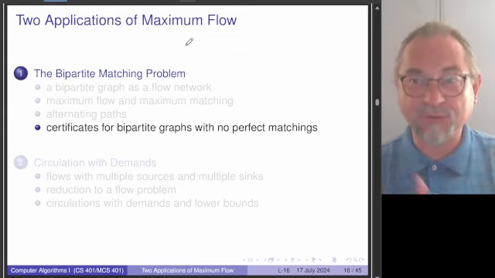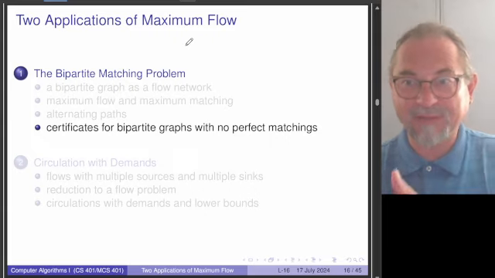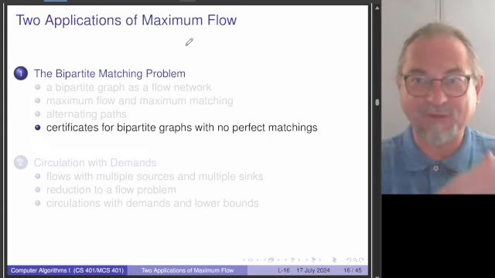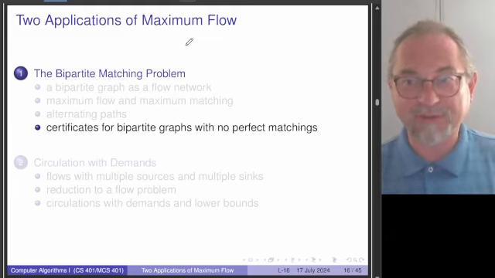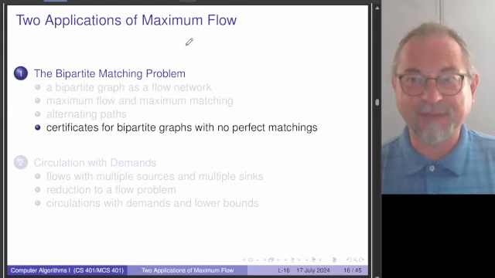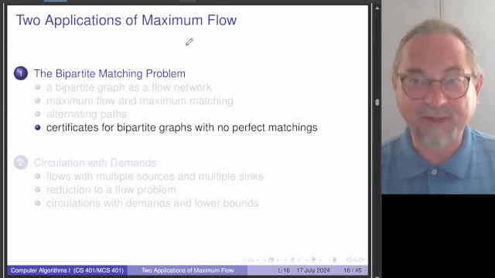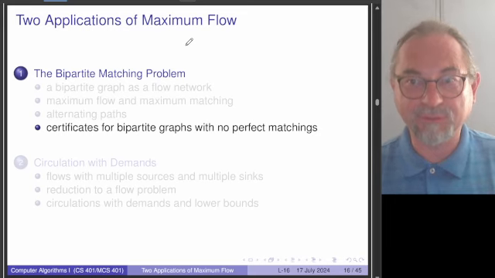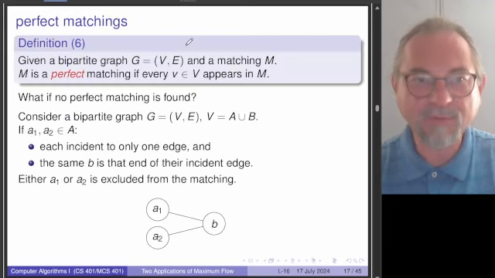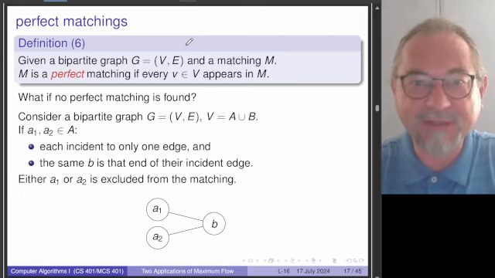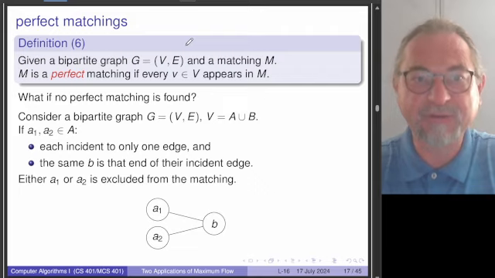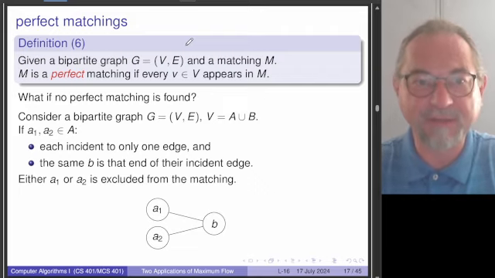And that then also gives a way to fix it: if you think about the job assignment problem, you may have to tell some workers that they need to up their skill level so that they are able to do more jobs. Okay, what is a perfect matching? A perfect matching is when every vertex appears in the matching.